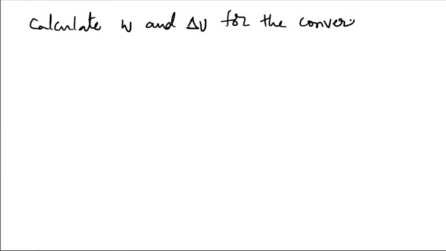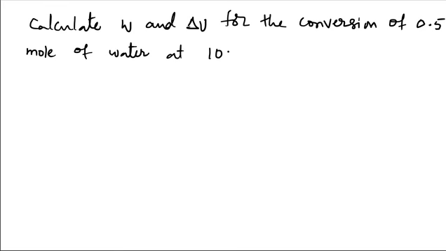The second problem is this one. Calculate W and delta U for the conversion of 0.5 mole of water at 100 degrees centigrade to steam at 1 atmosphere pressure.